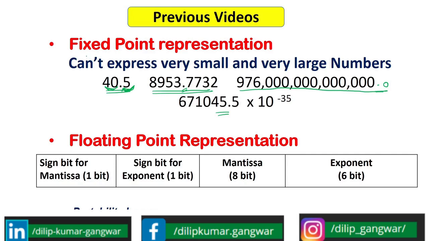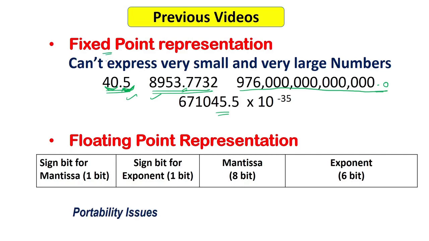We have seen in our previous video that the fixed point representation scheme can express these floating point numbers. And basically fixed point representation can also express integer numbers, or you can say real numbers. But this scheme has some limitations. What were the limitations? It cannot express very small and very large numbers. For example, this is a very large float number.